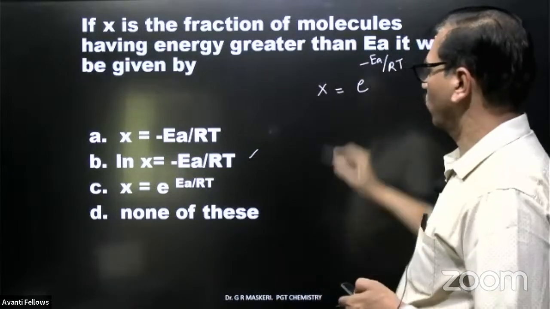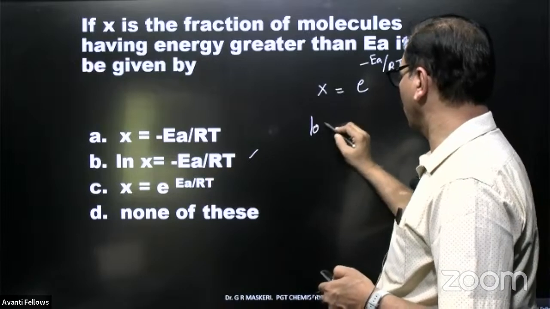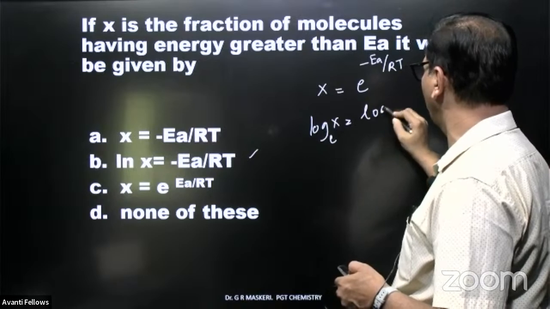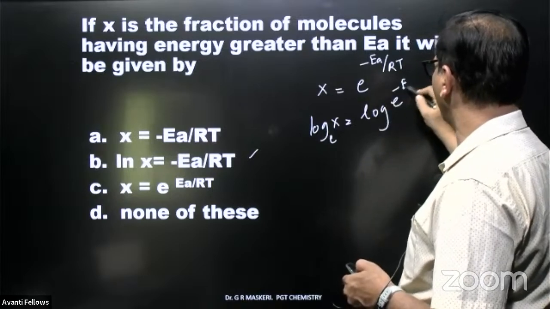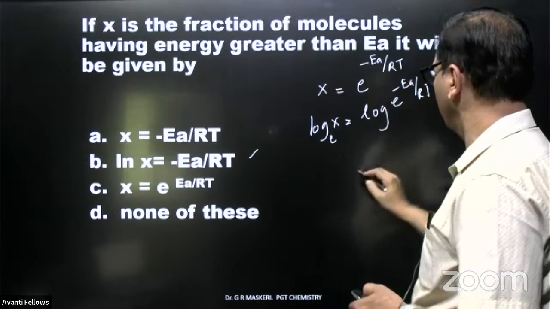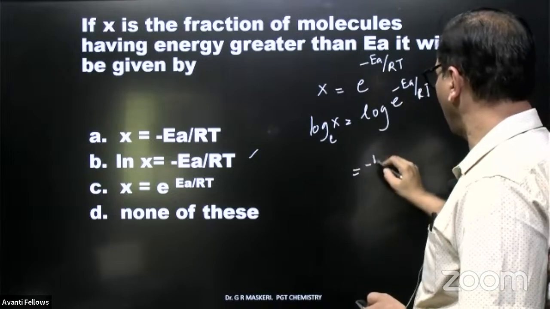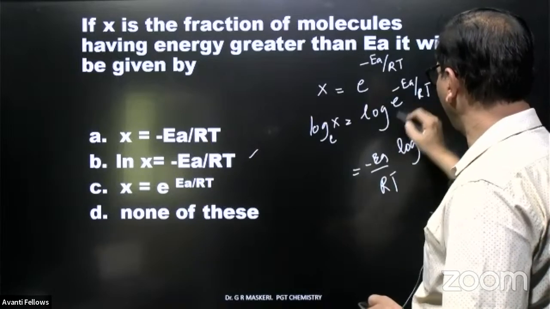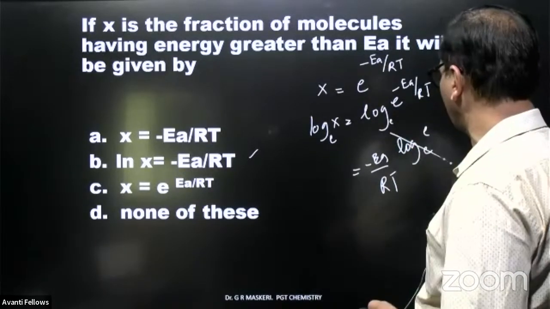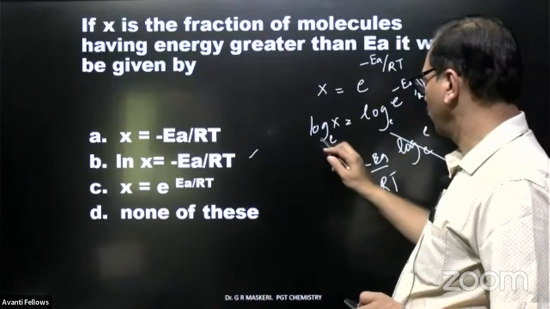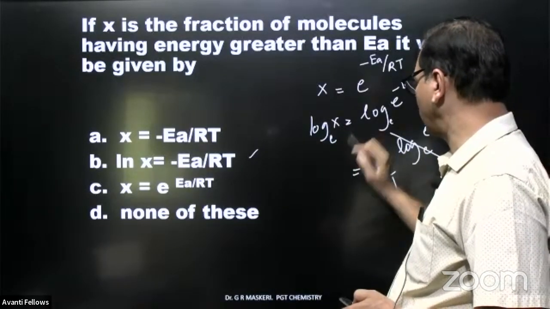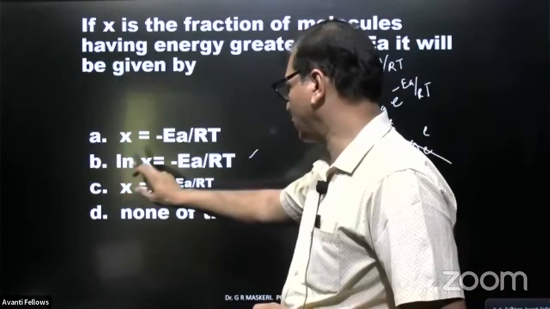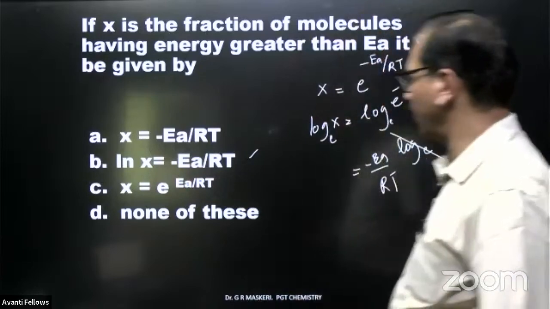Taking log of X, ln X, is equal to log of e to the power minus EA by RT. So minus EA by RT, log e to the base e equals 1. So ln X is equal to minus EA by RT, which is the right answer.